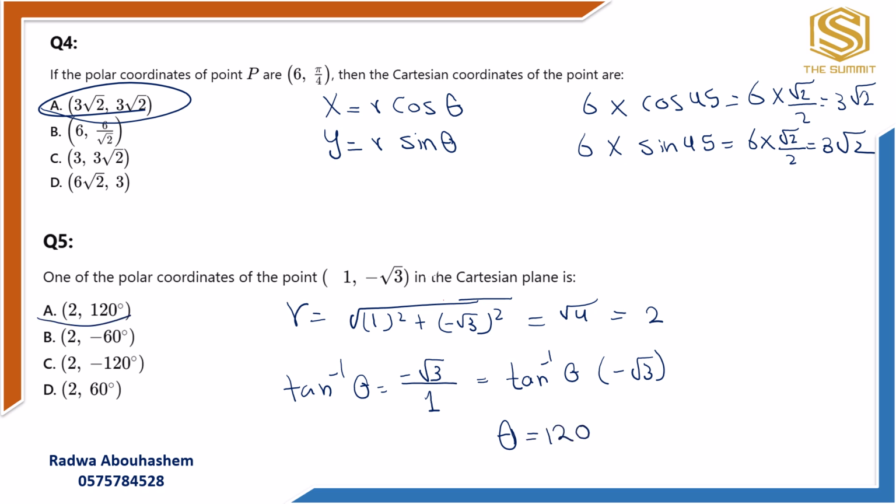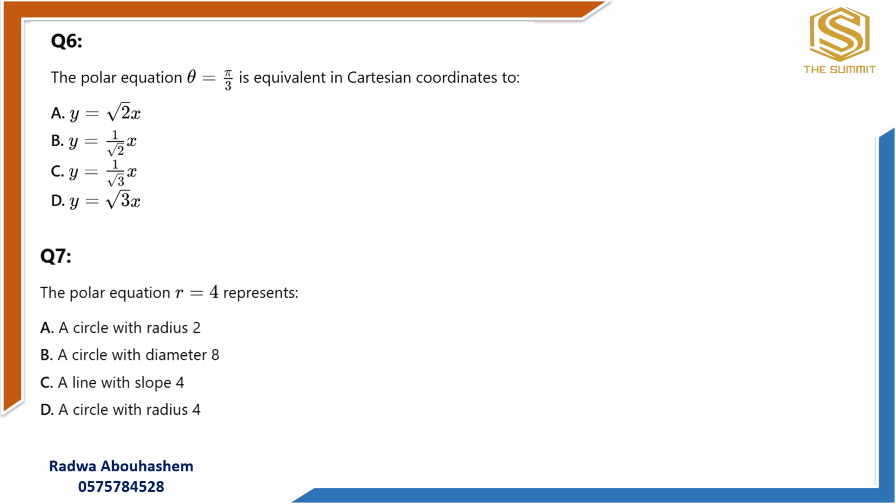So 2 and 120. The polar equation theta equals pi over 3 is equivalent in Cartesian coordinates to. Okay. Theta equals pi over 3, which means it's 60.